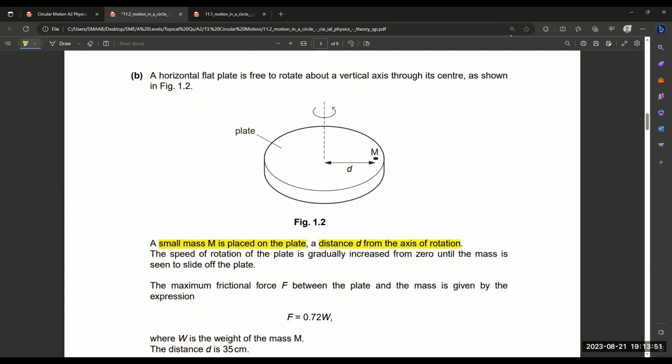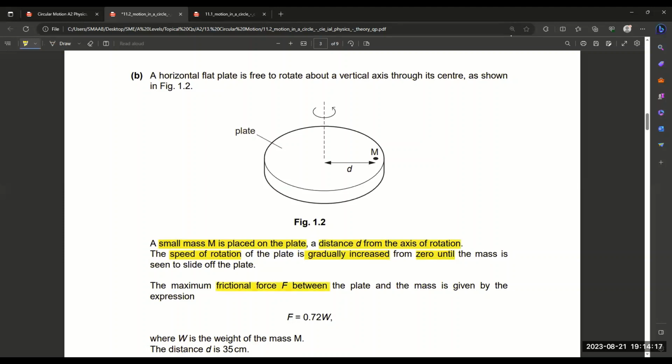The speed of rotation of the plate is gradually increased from 0 until the mass is seen to slide off the plate. So we slowly increase the speed until that mass slips out. The maximum frictional force between the plate and the mass is given by the expression.